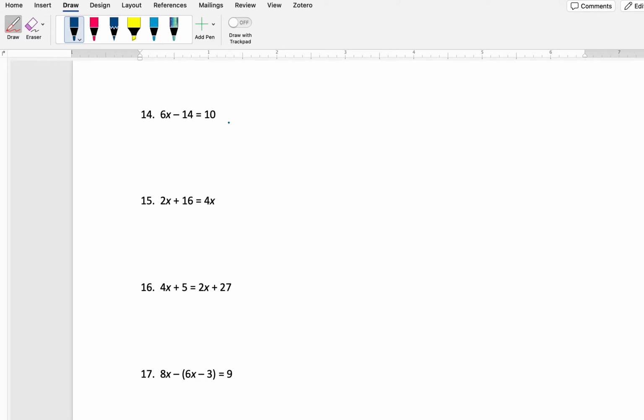So I need to get rid of the 14 first by adding it to both sides of the equation. That gives me 6x equals 24. And then I get rid of the 6 by dividing both sides by 6. And I get x equals 4.